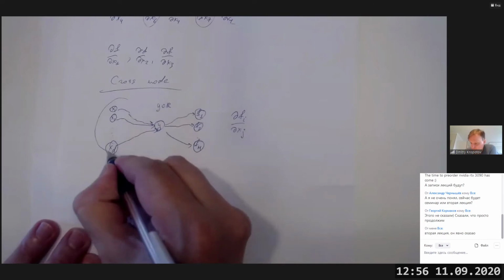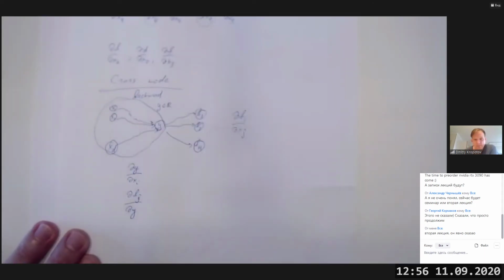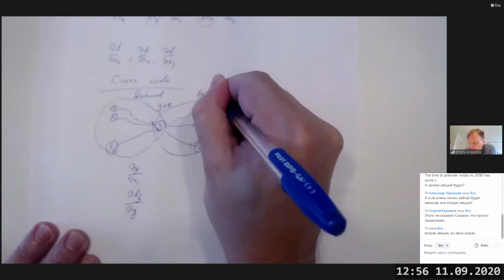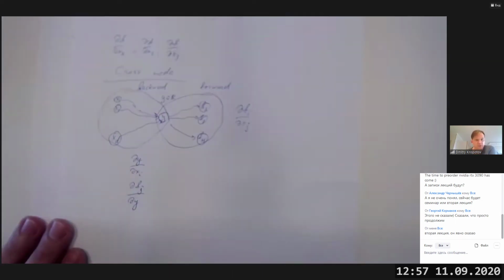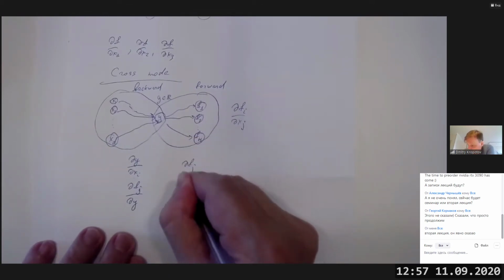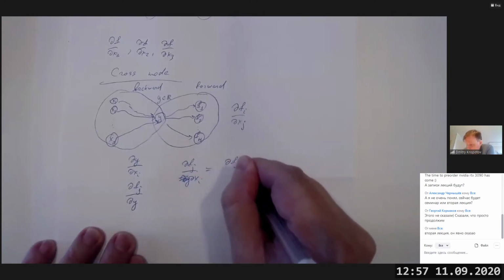So here we do a backward propagation, and here we calculate the derivatives in a forward way. And then we just combine. So our derivative with respect to xi is just a product.